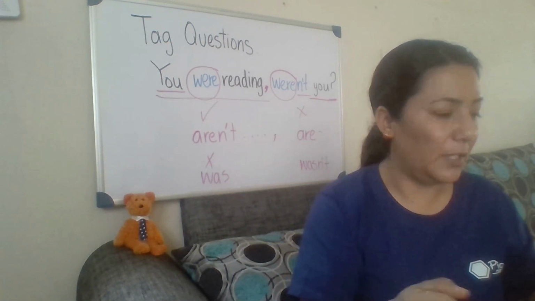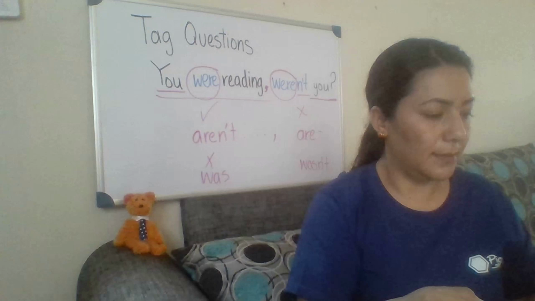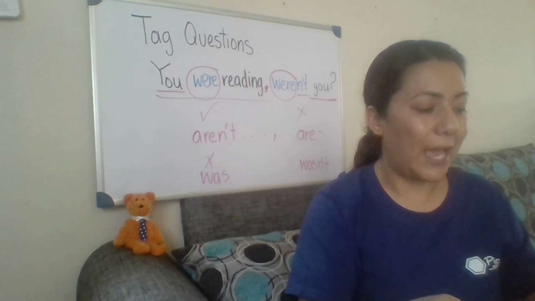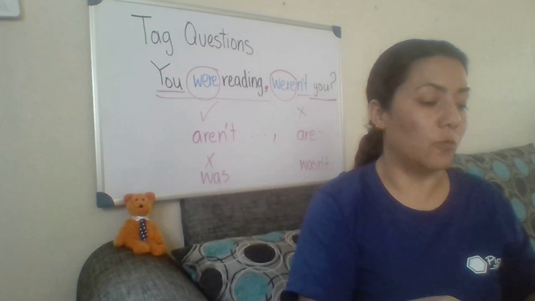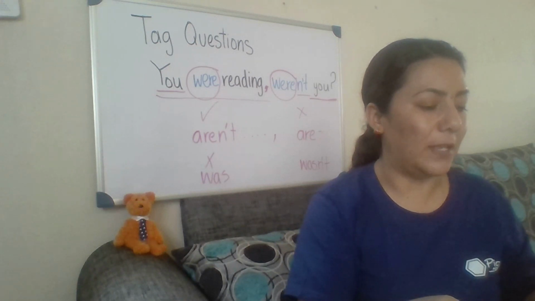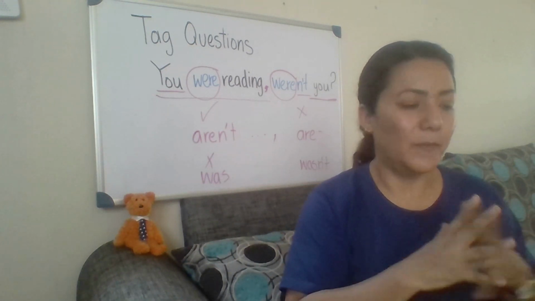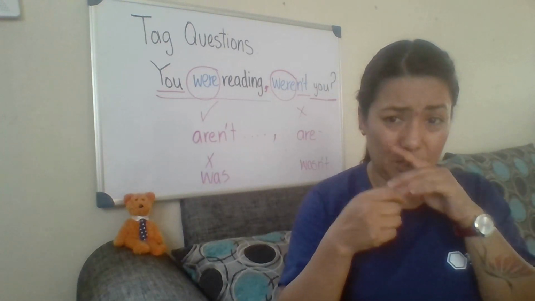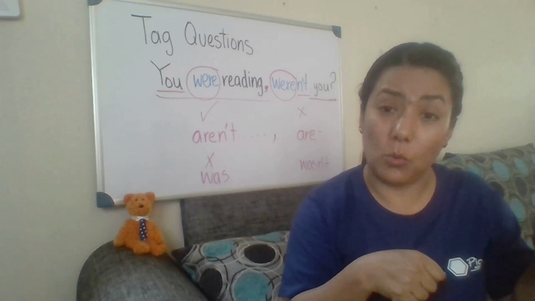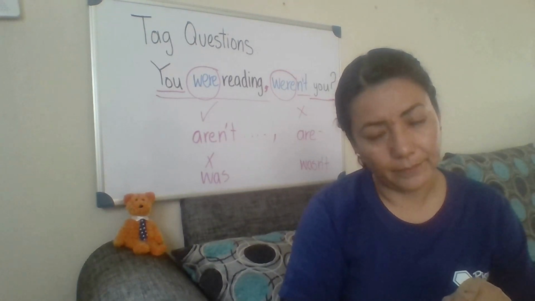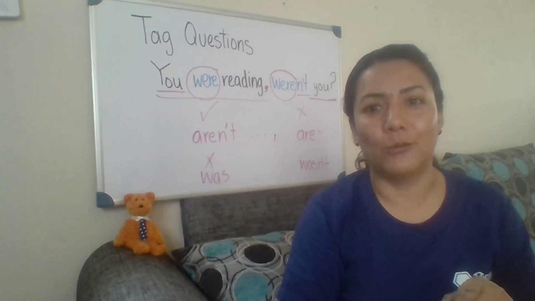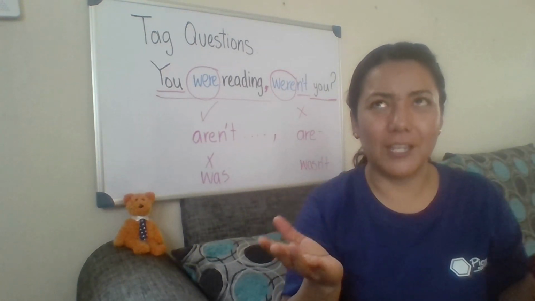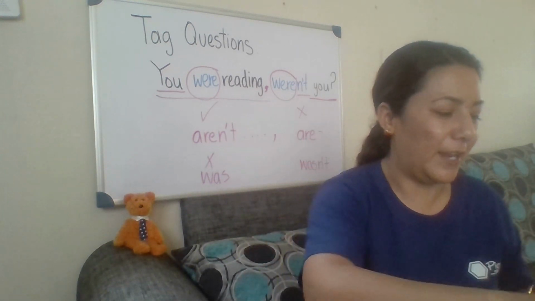Can you read for me, please? Read the sentences. Choose a tag question from the list, then write the tag question in the blank to match the first sentence. Class, it looks easy, but when I checked your homework, it wasn't correct. For some people it was, but not for everybody.